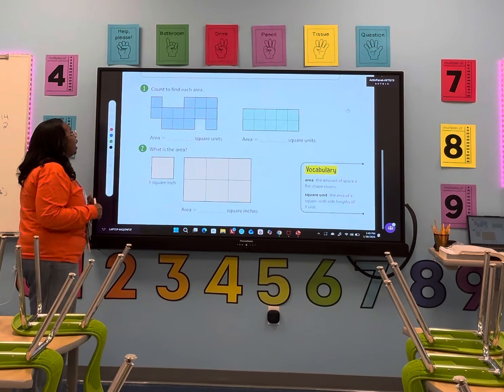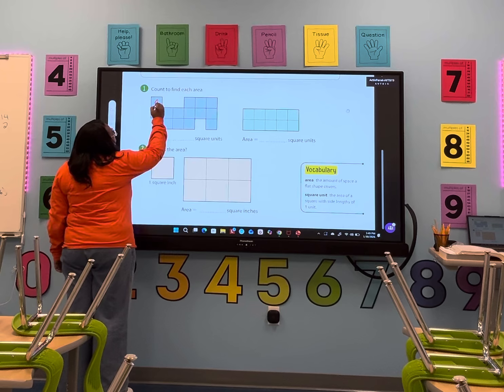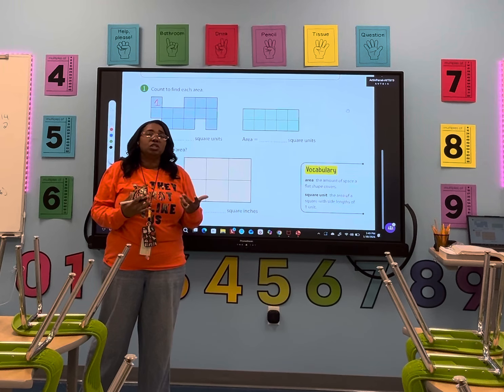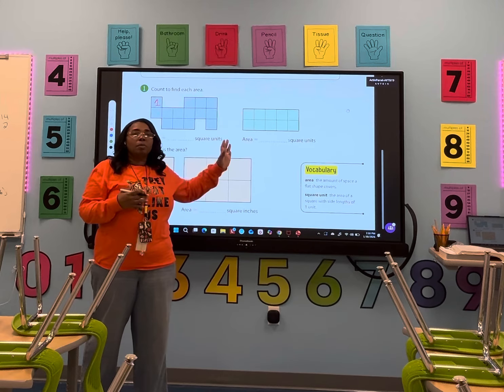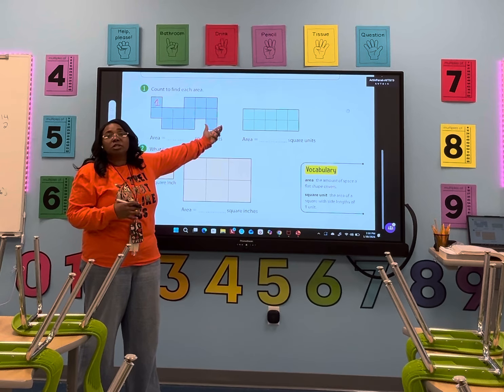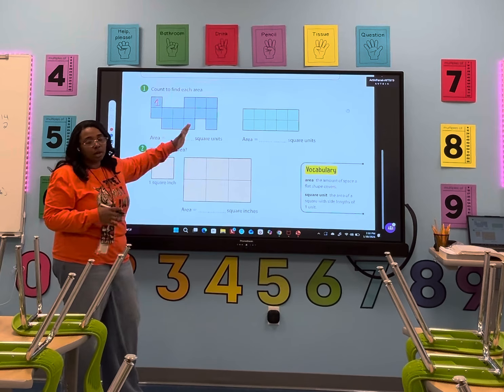So let's go ahead and count this first shape right here. So this is 1. And I tell my kids to go ahead and write the numbers in there, in case you miscount, you can always go back and see where you missed your numbers, or just to double check to make sure you counted all squares.